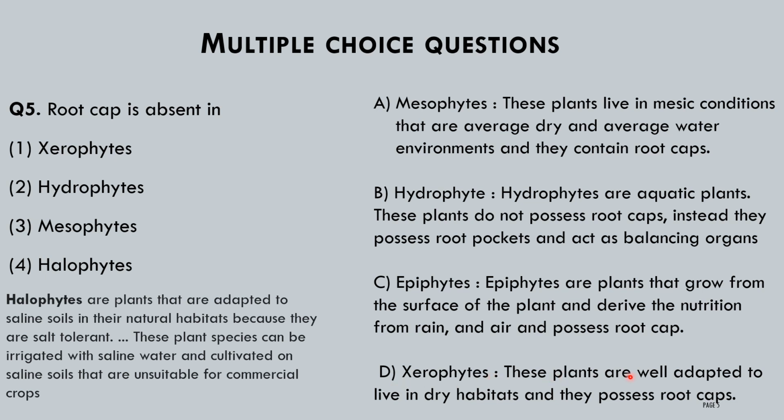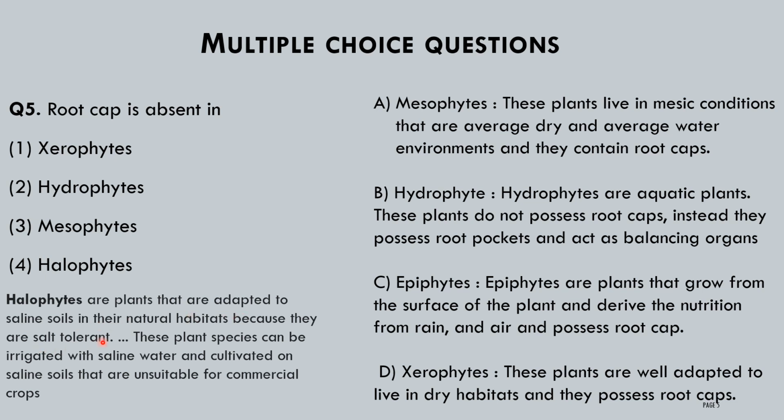Xerophytes: these plants are well adapted to live in dry habitats. They can live easily in dry habitats and they possess root caps. The next one, halophytes, are plants adapted to saline soil in their natural habitats because they are salt tolerant.